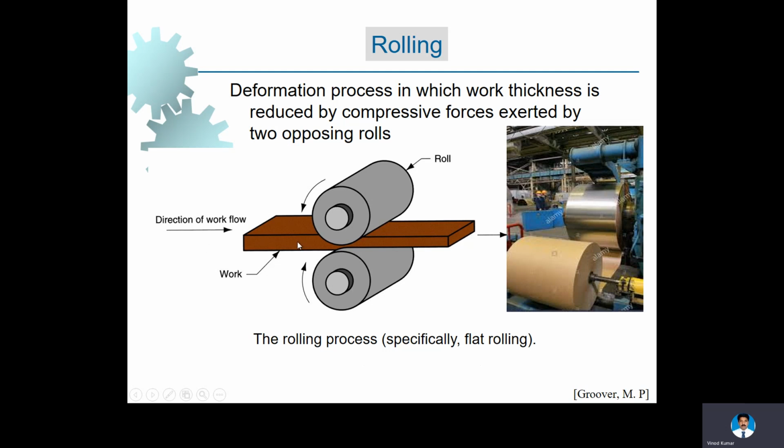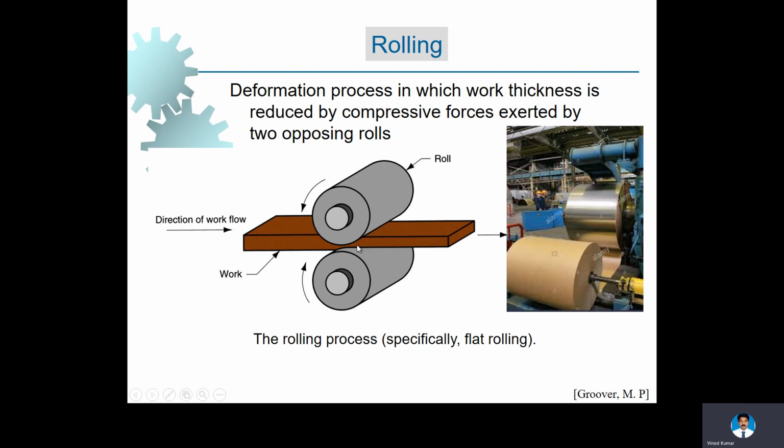When we feed the material between the rolls, the compressive stress will compress the material and it will reach the plastic zone, undergo plastic deformation, its length increases, width decreases, and we get the final finished product in rolling.